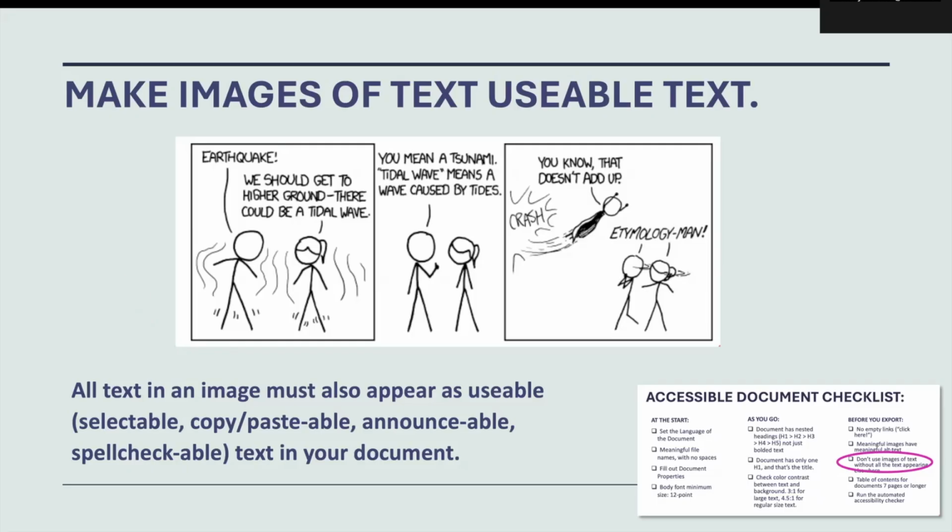And all the text in the dialogue needs to be replicated someplace else where a person could select it to copy paste it, to look up the words, to feed it to their screen reader to double check the spelling. Any text that you have that's inside an image isn't accessible. You have to make sure it appears somewhere else as text that can be interacted with by the user in some way.